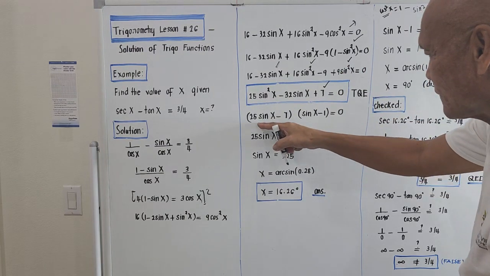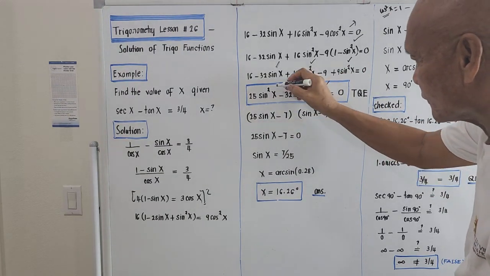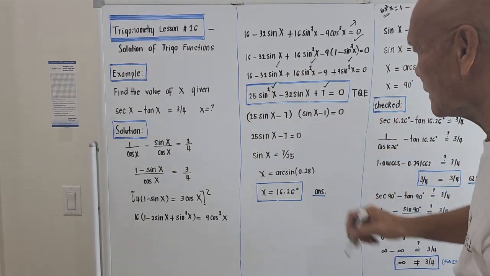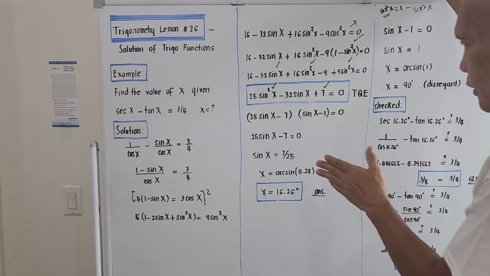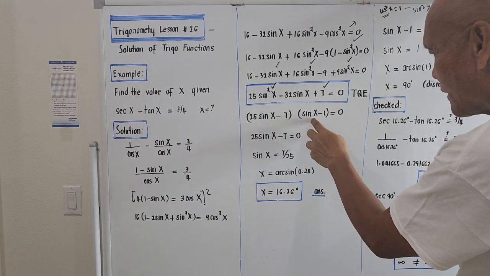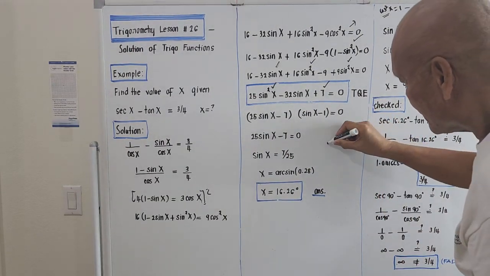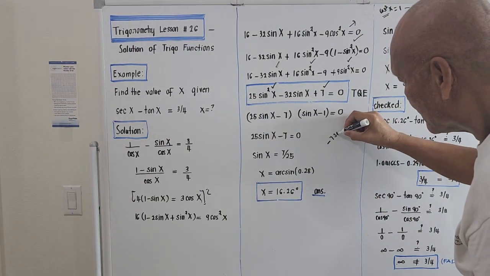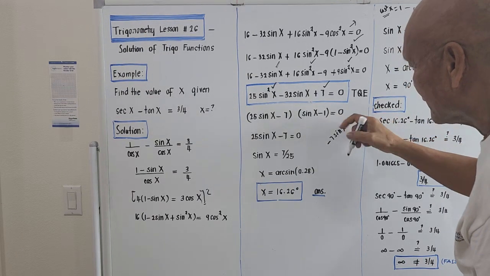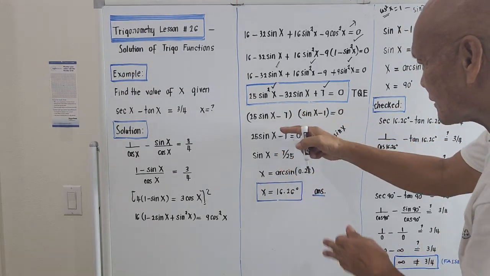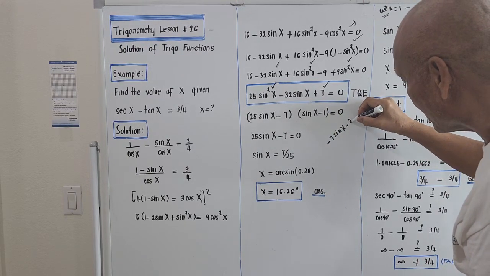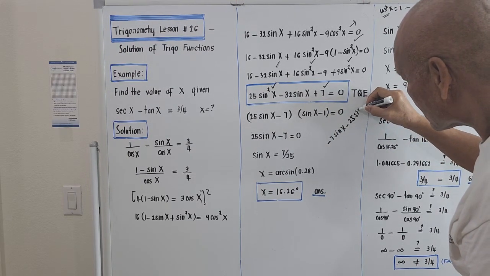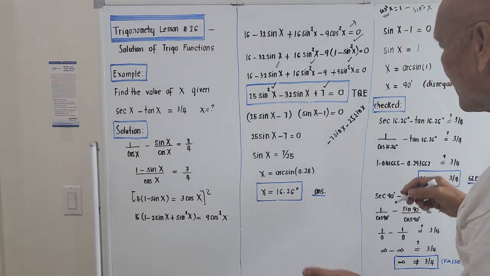And 25 sine of x times sine of x is actually 25 sine square of x. Or let's try to check the value of the middle term. The middle term will be minus 7 times sine of x, which is negative 7 sine of x. Right? And the other part is actually 25 sine of x times negative 1. That will be negative 25 sine of x. That's the value of the middle term.